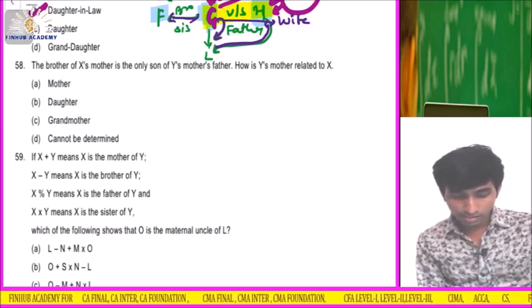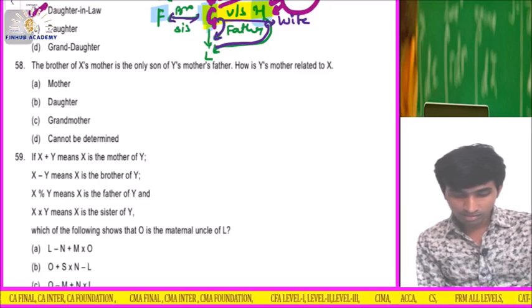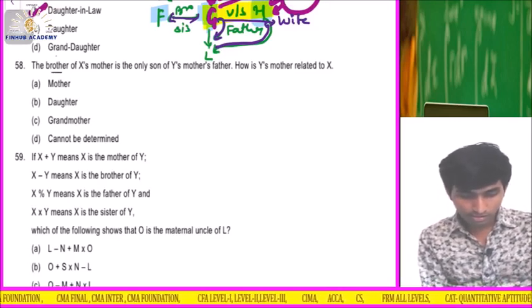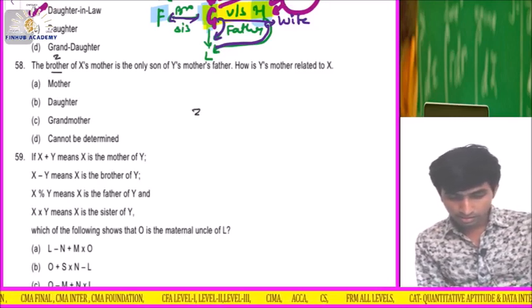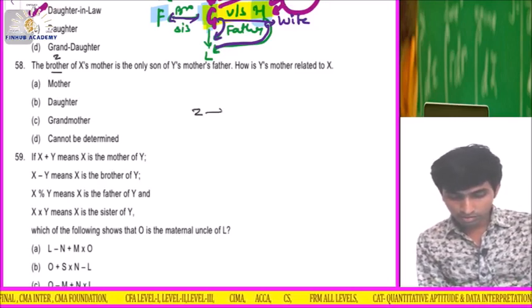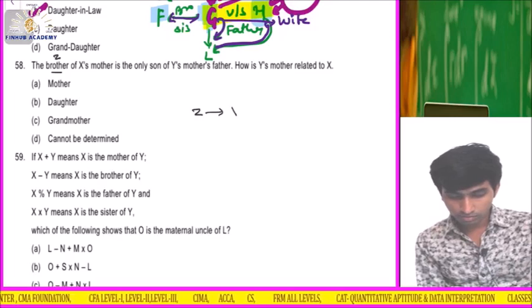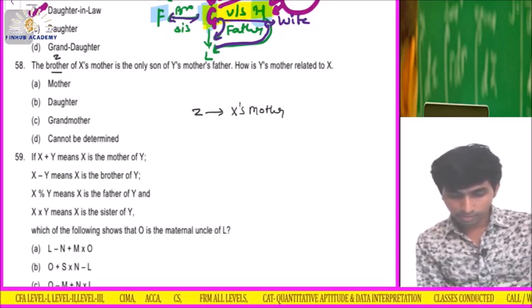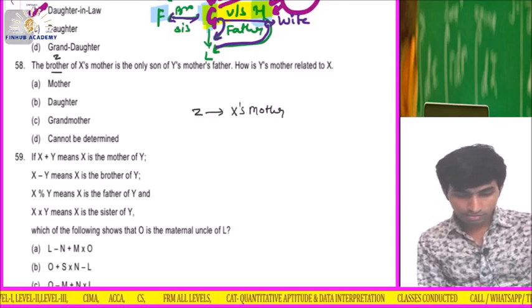Let's think. X's mother, brother of X's mother. Let's say the brother is Z. Z is brother of X's mother.